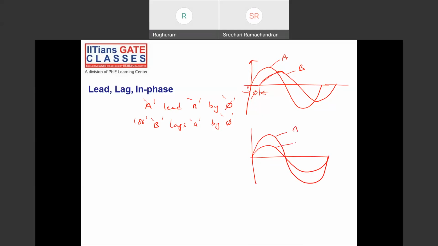Now A and B are said to be in phase with each other when their starting and maximum points, the zero and maximum points, occur at the same instant.